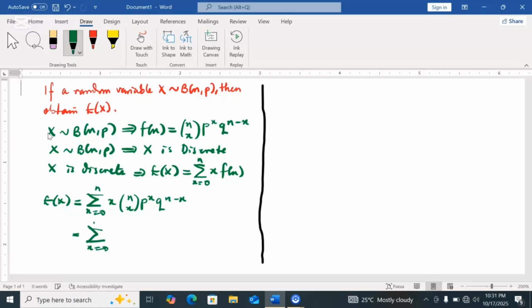Summation x equals 0 to n of x. Now we would expand this. This is n combination x given as n factorial all over n minus x factorial x factorial, and this will be p raised to power x brought here, q raised to power n minus x. Now coming over here, we would continue as follows.